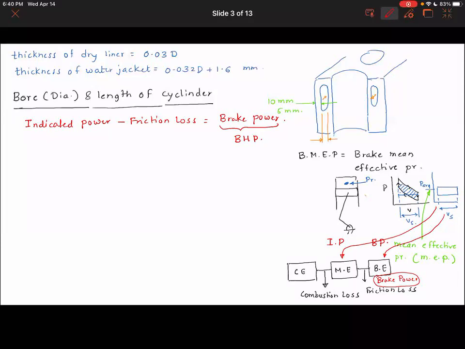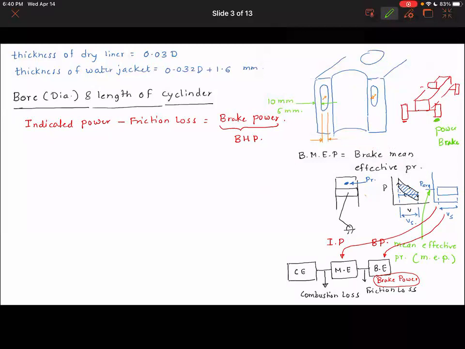What we are interested in is the power output I get at the axle or at the wheel. This is the brake power, because that is the power available at the brake. Or if you were to put this vehicle on a dynamometer, that is what you would measure.